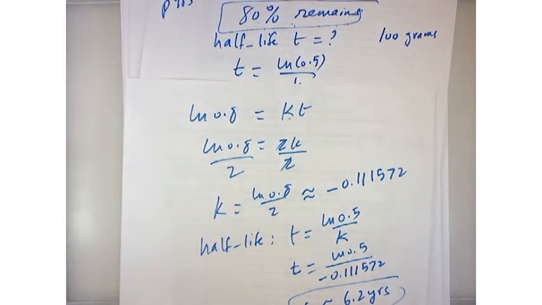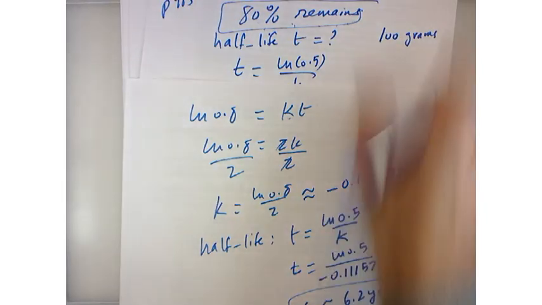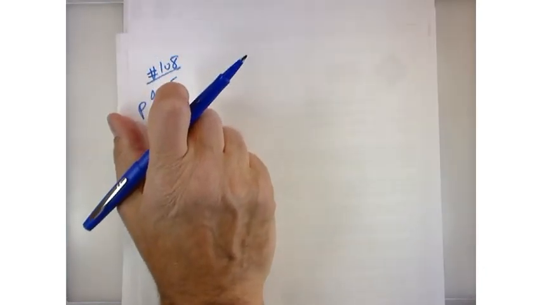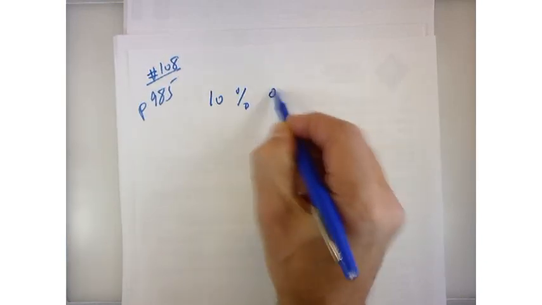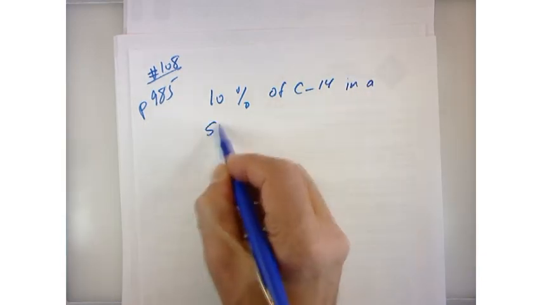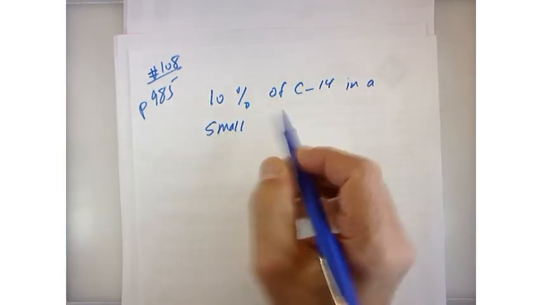Let's look at 108. Another application, page 985. It says C14 dating: only 10% of C14 in a small wooden ball remains.